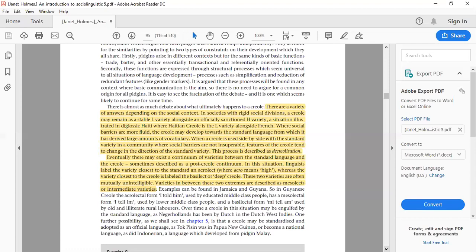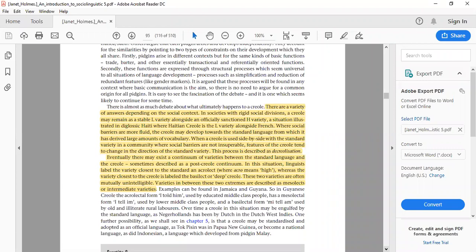With the passage of time it changes to almost, nearly English. This process is called decreolization. Is it clear? Yes, ma'am, it's clear.